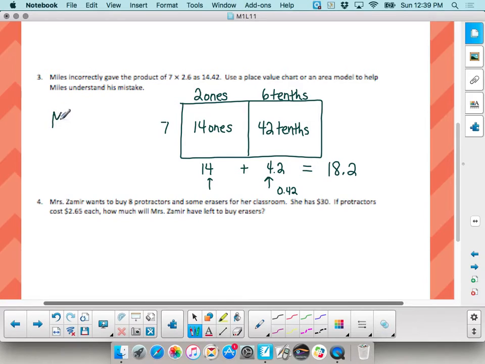So Miles incorrectly wrote 42 tenths as 42 hundredths.